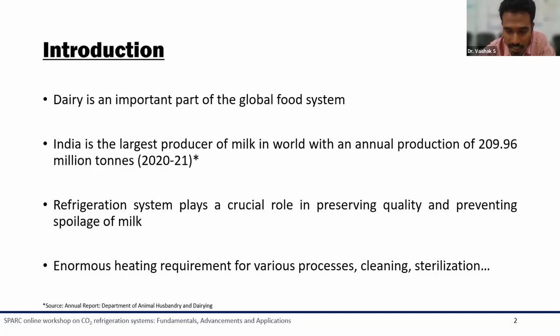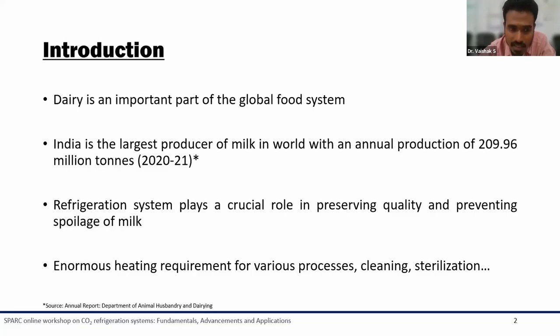If you see, dairy is an important part of the global food chain. And in worldwide production, India stands first among all countries, with an annual production of approximately 210 million tons. This is the statistic from last year, 2020-21.